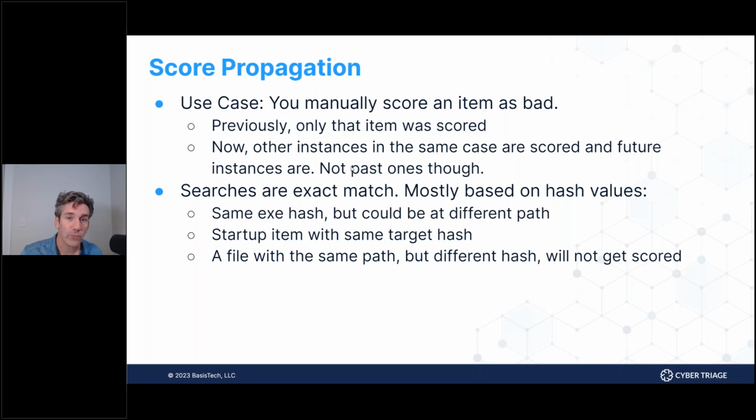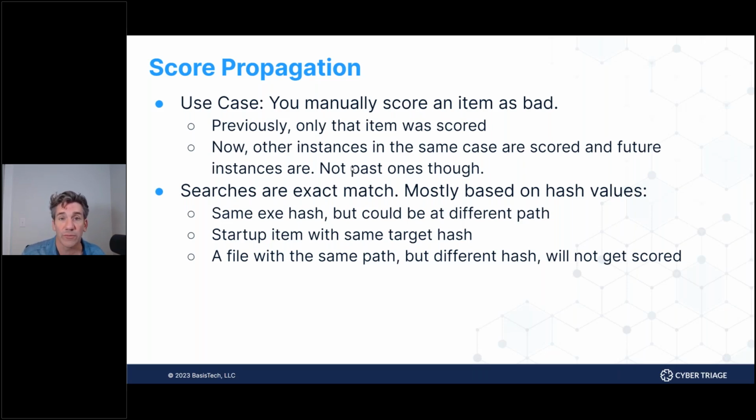So the way we find other occurrences or instances is using as exact a match of things as possible. And there were some infrastructure changes that we did to make this happen. Basically it comes down to a lot of searching by hash values and focusing on hash values.